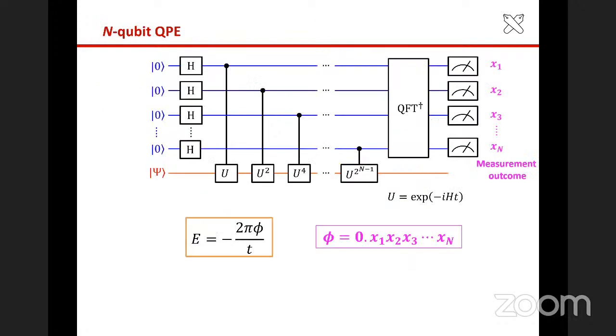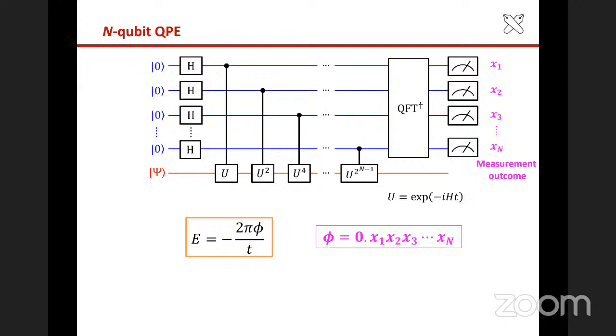And what we usually do is QPE with n ancilla qubits. So here we have some ancilla qubits, and we have additional qubits which are used to store the wave function. In this case, first we apply a Hadamard gate to the ancilla qubits to generate the equal superposition state. After that, we apply the controlled-U operation.